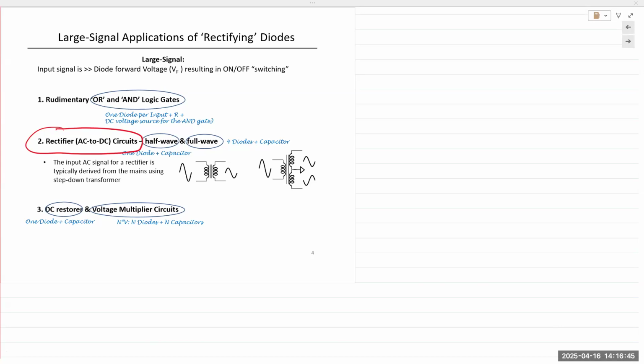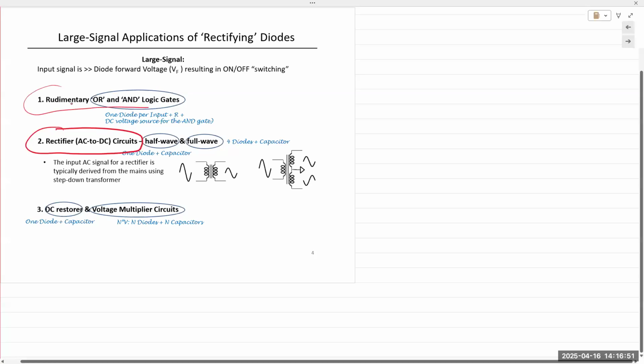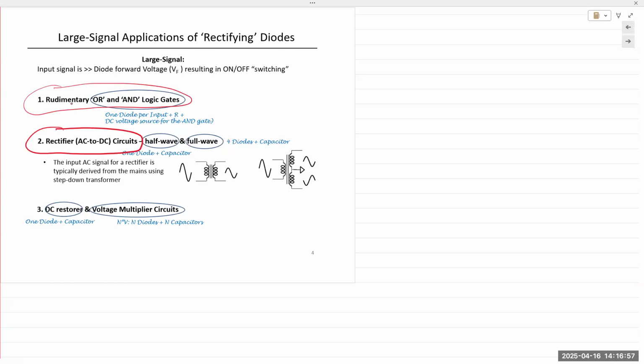All right. One of the other applications is we can create digital logic gates using diodes. But again, those are very basic and rudimentary. You would not use them for any sophisticated application. And then DC restorer voltage multiplier circuits, we looked at that in lab 1.